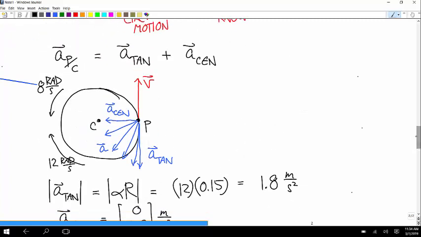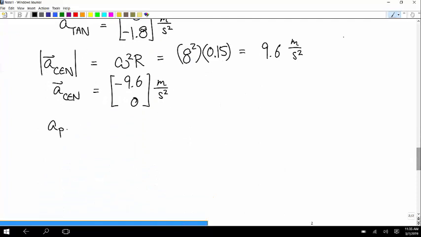And in these problems with a lot of steps, one of the hard things is just keeping track of where you are in the whole process. Like, we calculated this, what are we even doing? Well, remember that what we're doing here is calculating the acceleration of P relative to C. So we need to add these two together to get the acceleration of P relative to C, as if the center was fixed.